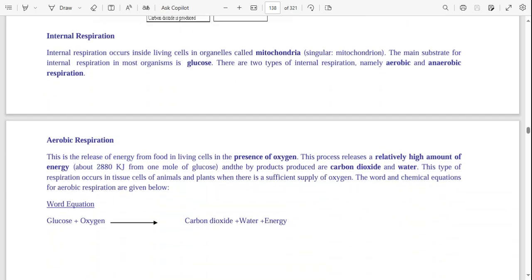Starting with internal respiration. Internal respiration occurs inside living cells, in organelles called the mitochondria. It is actually in the mitochondria where energy is made in the body.